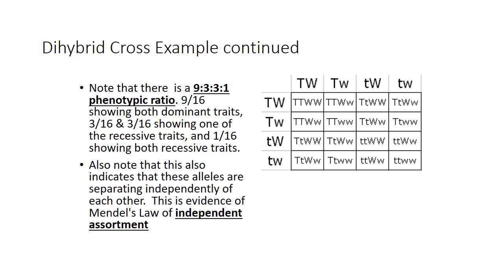Now, this 9 to 3 to 3 to 1 is a phenotypic ratio. Very important to know. It's why I keep going back to it, which means that 9 out of 16 shows both dominant traits. 3 out of 16 and 3 out of 16 will show one of the recessive traits, and 1 out of 16 will show both recessive traits.